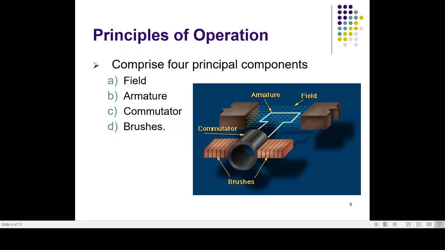And when armature windings are connected to a DC supply and electric current sets up in the windings. So, in this figure, you can see the four components of DC motor are field, armature, commutator, and brushes.